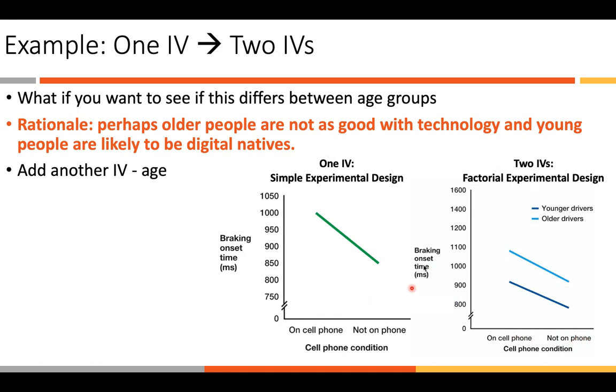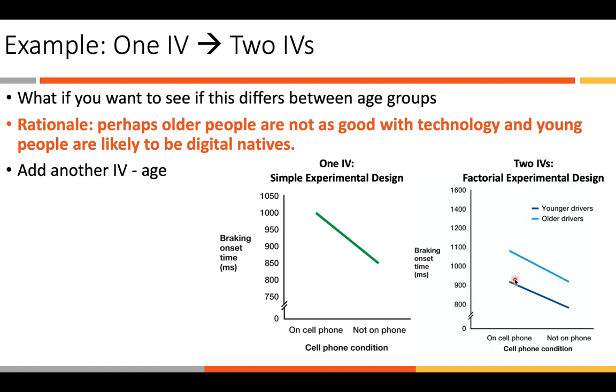And the effect would be the same as it was in our simple experiment, right? That regardless of age, people on a cell phone are slower to brake than people not on a cell phone. Now we can also examine the main effect of age, meaning the impact of younger versus older drivers regardless of cell phone use.